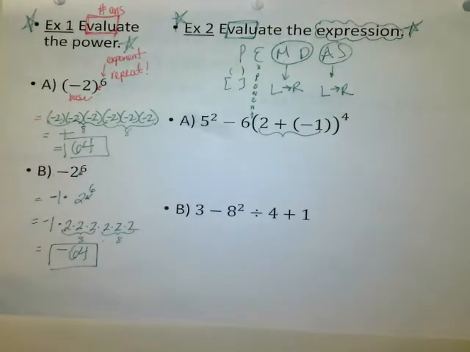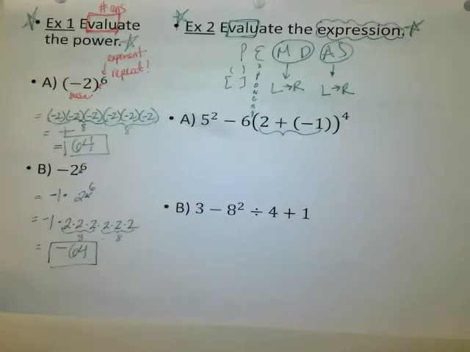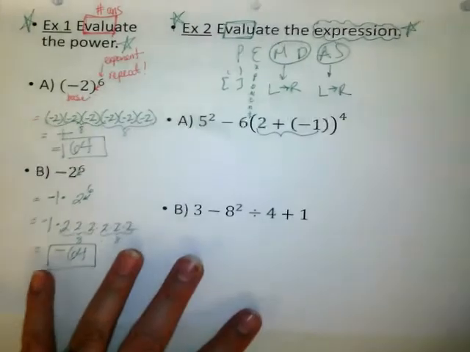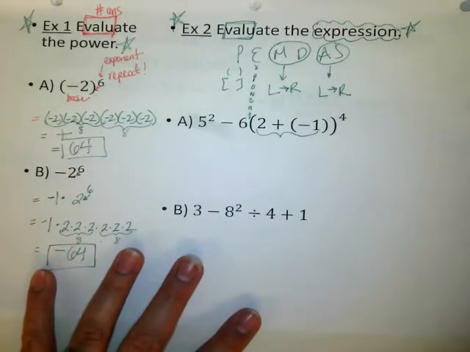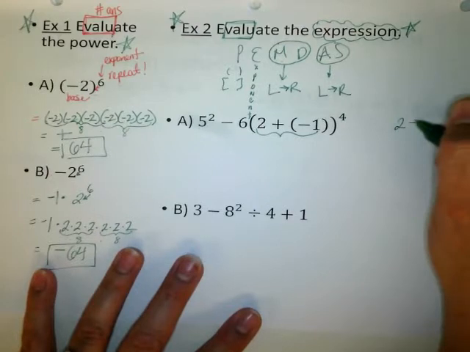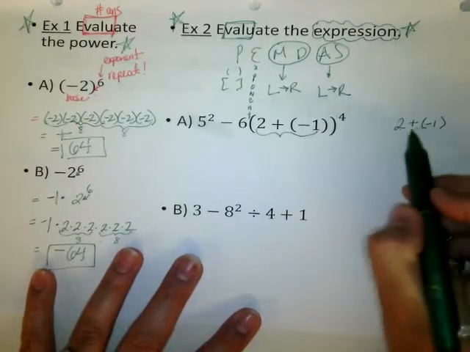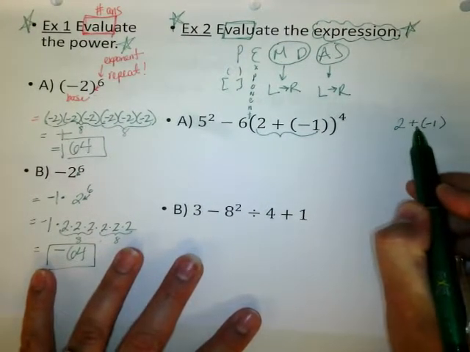I don't like seeing double signs. We're at a level where we should never see double signs, so I hate this, plus a negative. What does that mean? It just means subtract, yeah. And the way you can think about that is if you have 2 plus a negative 1, these are right next to each other. That means multiply them together.